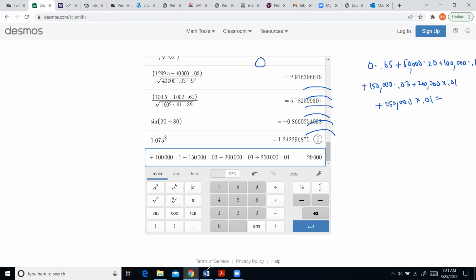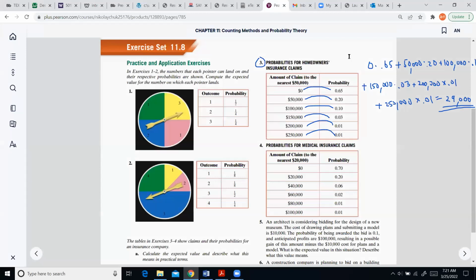And that's what I expect to pay, the average amount. Again, I expect to pay to each person that has my insurance policy, which means that I have to charge more than that, right? And here comes the question. Are people going to buy my insurance policy if I charge them $29,000, or not really?